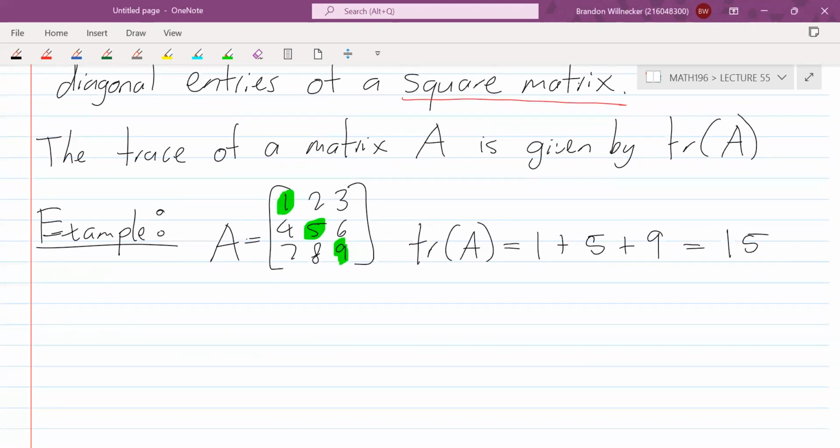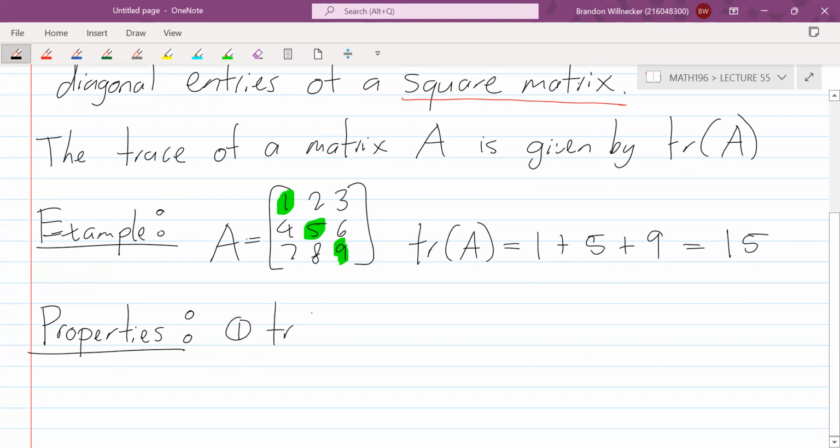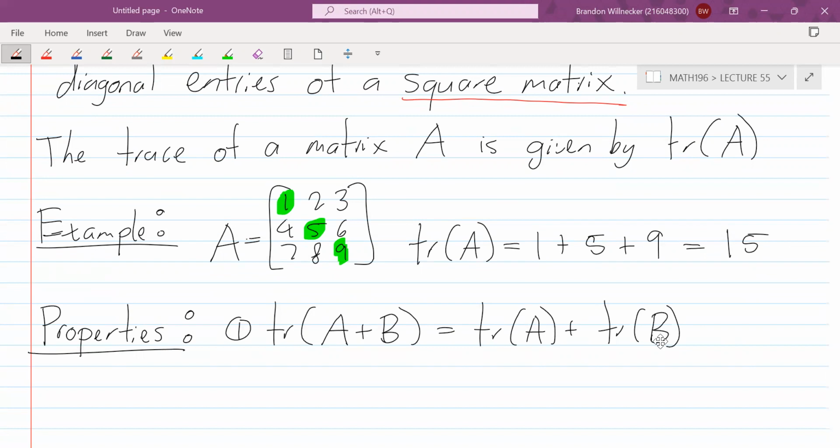Okay, so let's have a look at the properties. The first property is that the trace of A plus B is equal to the trace of A plus the trace of B. So the trace of the sum is equal to the sum of the traces.